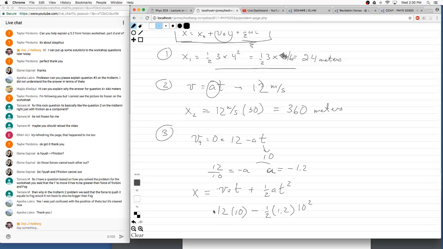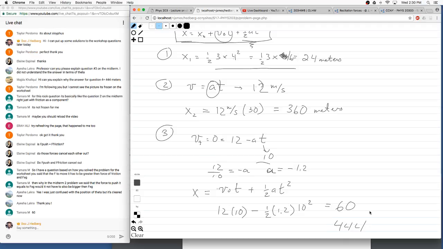Yeah, I get 60 meters for this regime. So add up all three of these and you get 444. Okay, that should be good for that one. Perfect, 60, yes, thanks. And so to summarize, it's 3 different regimes of motion.